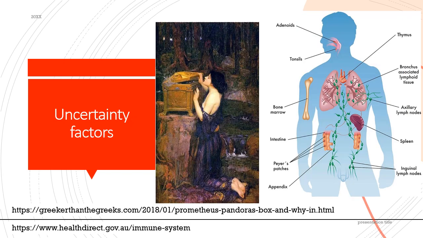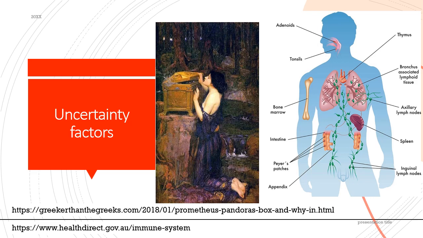And the uncertainty factor: they are interested in the immune system. Some chemicals cause allergy and affect the body, which is an uncertainty factor. They call it the Pandora's box. Pandora is from ancient Greek myth; she accepted everything, but she didn't know what was in the box.